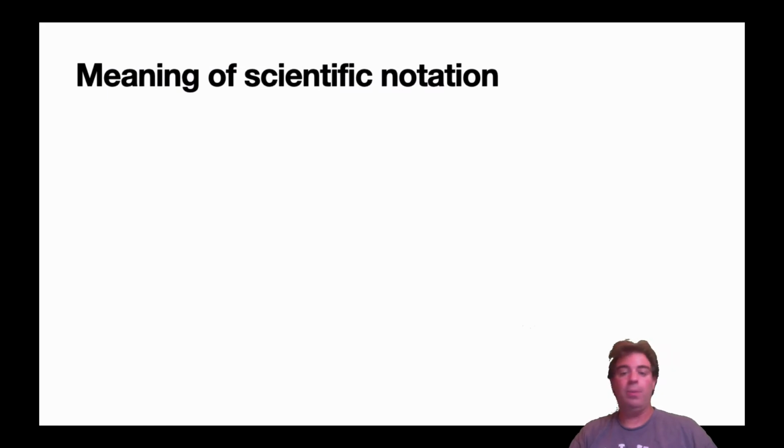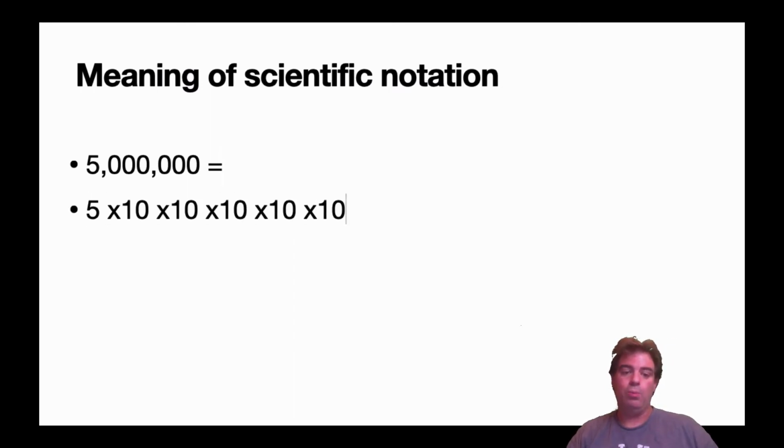Imagine we have the following number. We have 5 million. What is another way by which we can write this number down? We could simply take 5, multiply by 10, multiply by 10, multiply by 10, multiply by 10, multiply by 10, multiply by 10, 6 times.